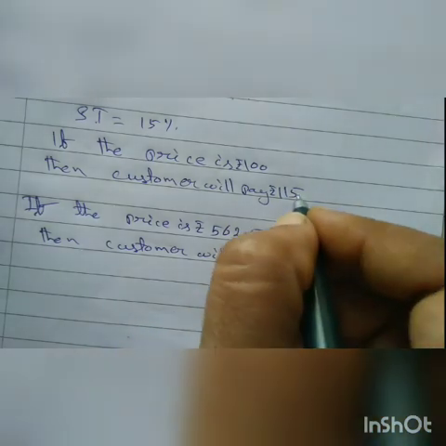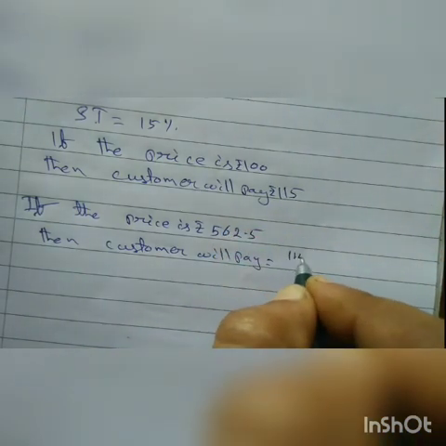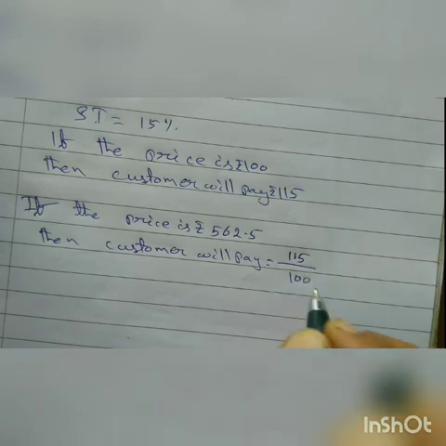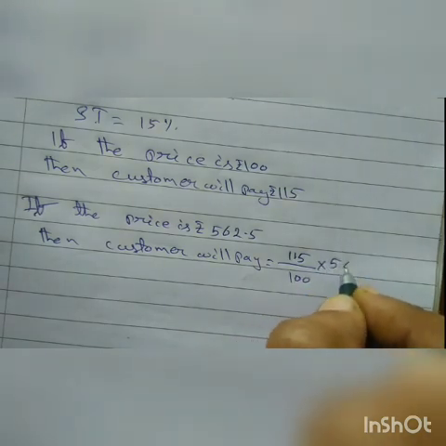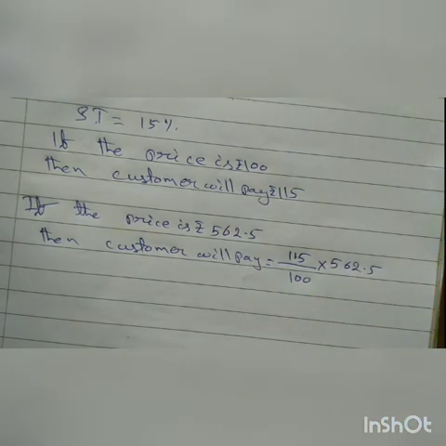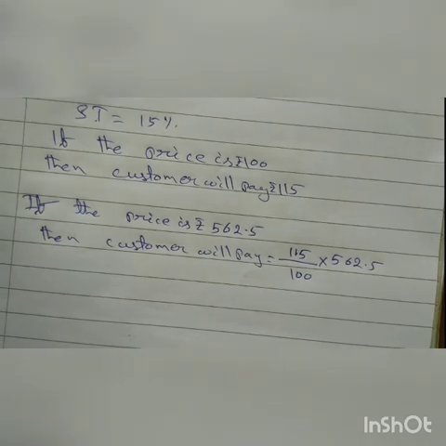Pay is equal to 115 by 100 into 562.5. Okay, so now we have to multiply 115 into 562.5.